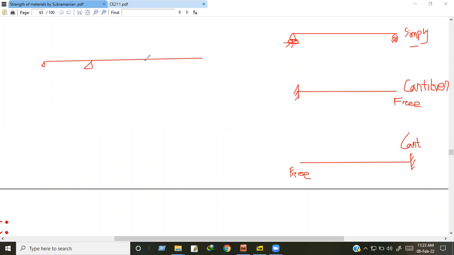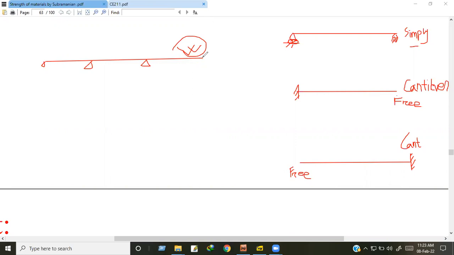This is continuous beam. But if I keep an overhanging portion, this is overhang continuous beam. If I provide a support here, then that is continuous beam.